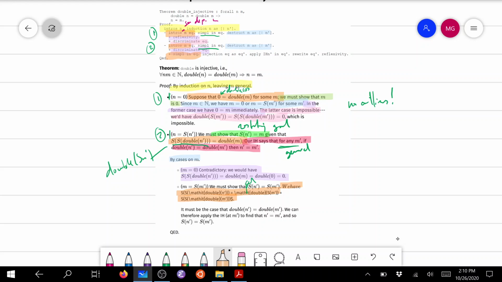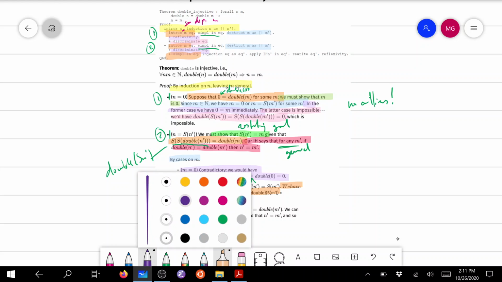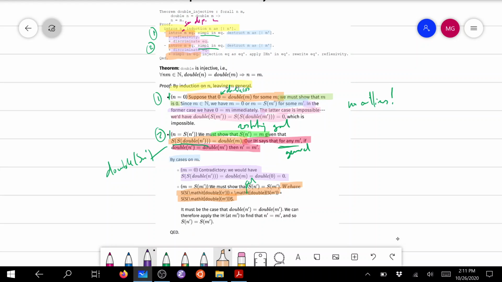Right? Well, look, if we have s of s of double n prime equals double s of m prime, that's equal to s of s of double m prime. But what I'm hoping the reader is following along with is something like this. So we have s of s of double n prime, and that's supposed to equal double s of m prime.